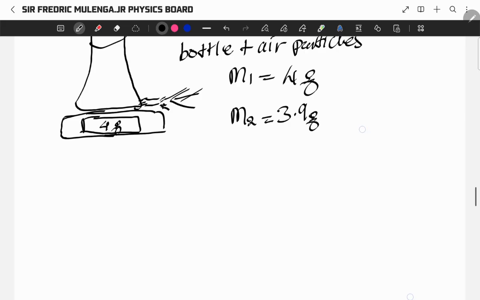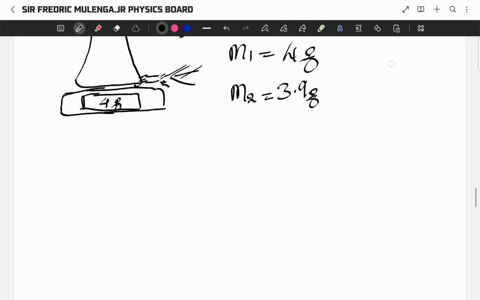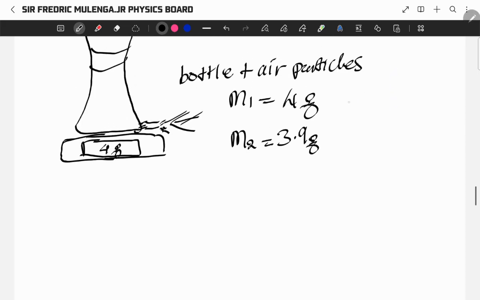All right, so let's go ahead and find the mass of air. The mass of air will be calculated as mass 1, that of the bottle with air particles, minus the bottle where we've removed air particles, so mass 2.